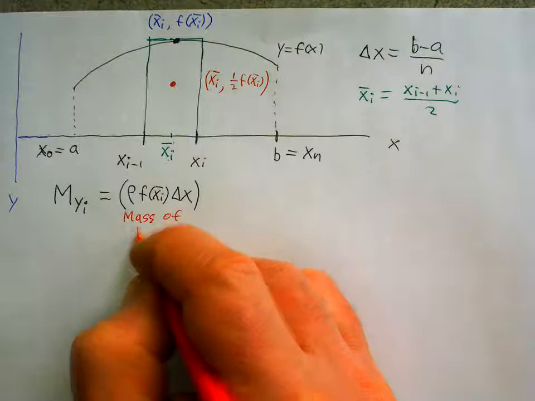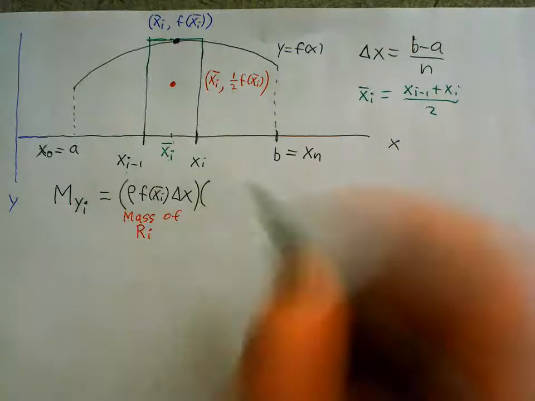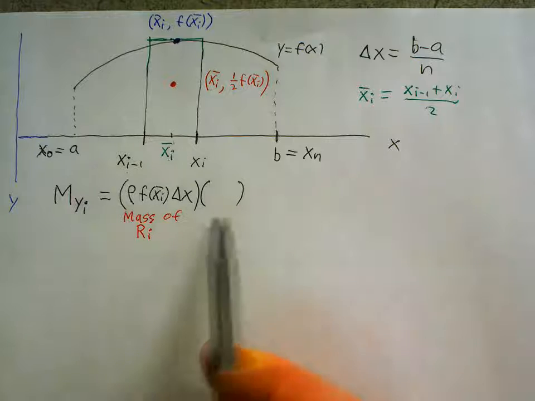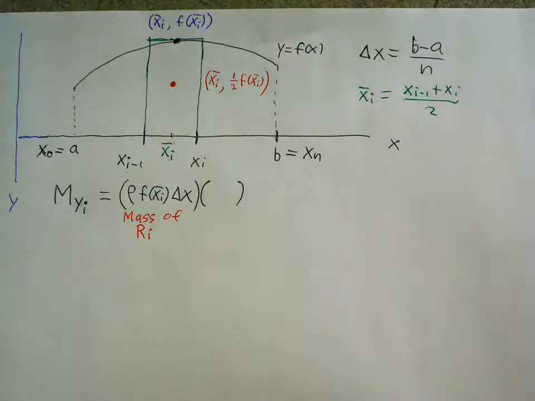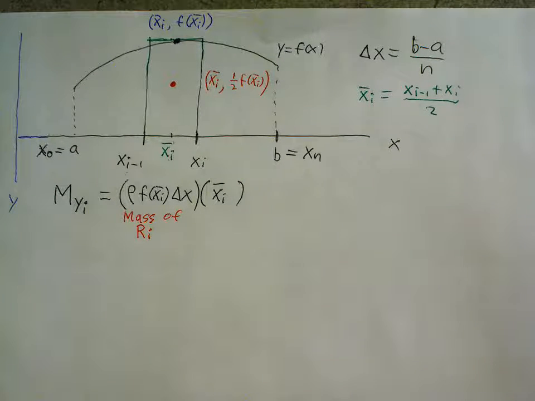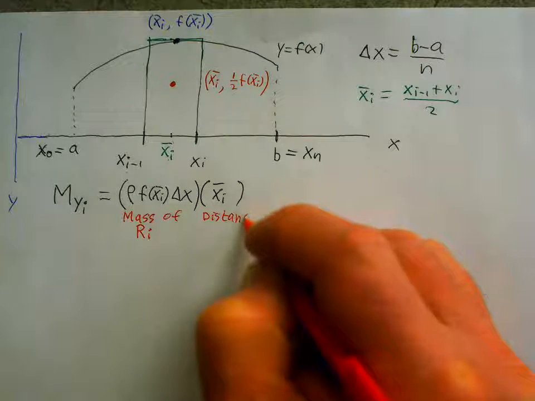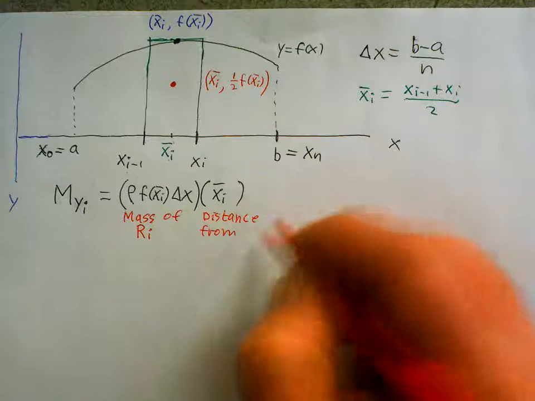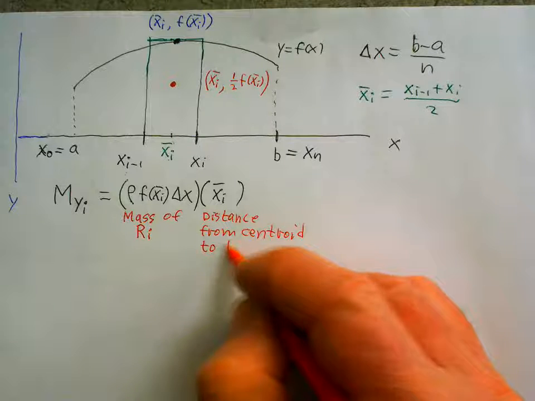I'll just refer to this as rectangle r sub I, mass of r sub I. And then we multiply this by the distance that the centroid is from the y-axis, which is x sub I bar. So this is the distance from the centroid to the y-axis.